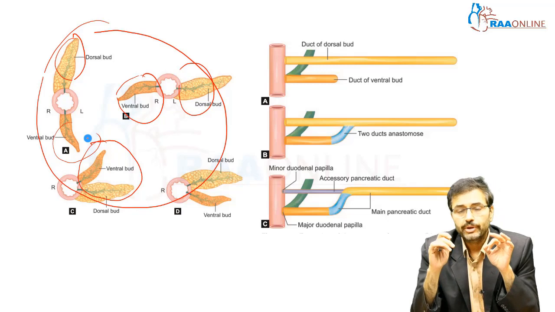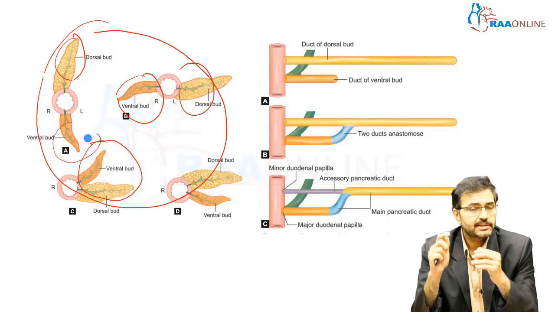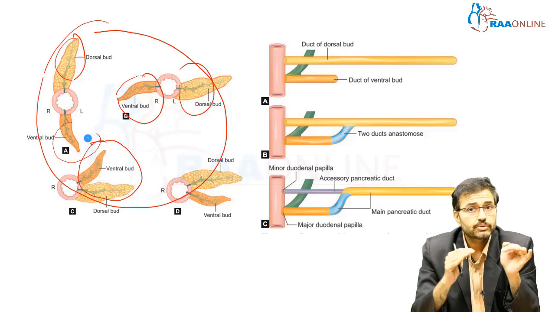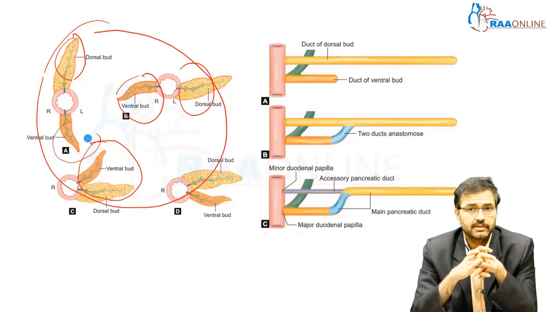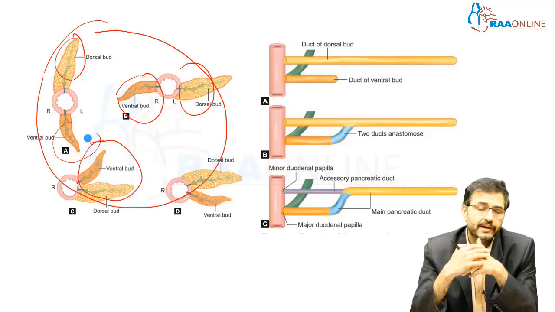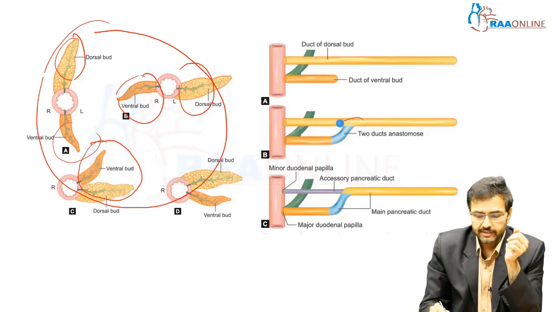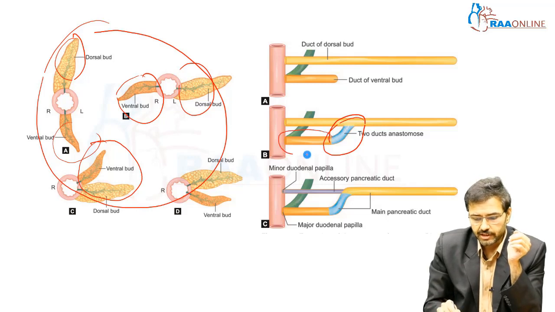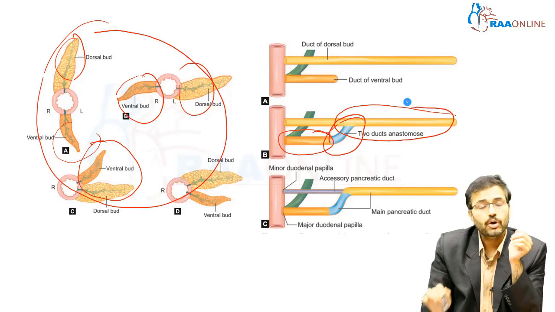Initially, both the buds, the dorsal and the ventral, open separately into the duodenum. Then what happens is the formation of the main pancreatic duct. There arises an oblique anastomosis between the duct of the ventral bud and the distal portion of the duct of the dorsal bud.